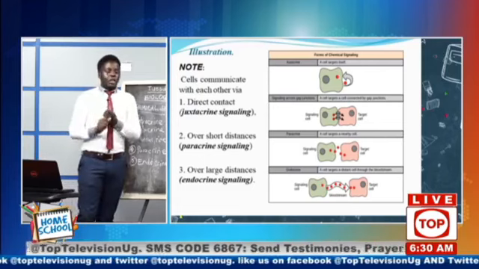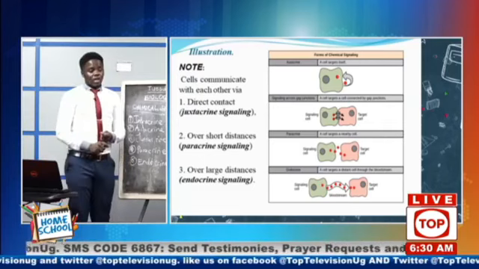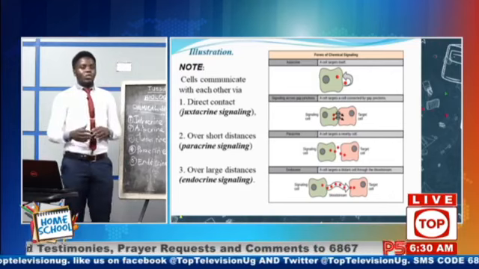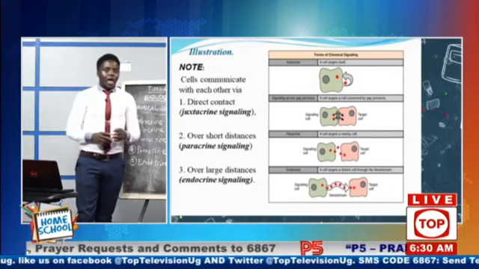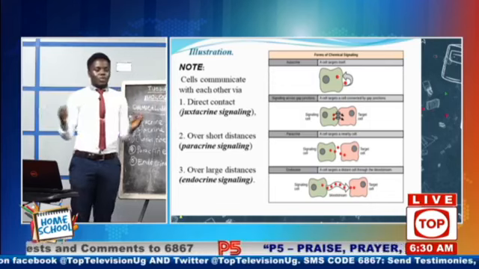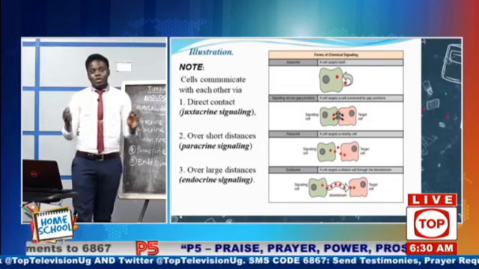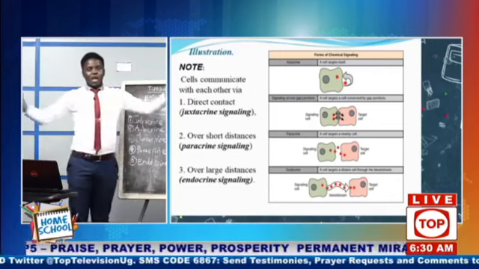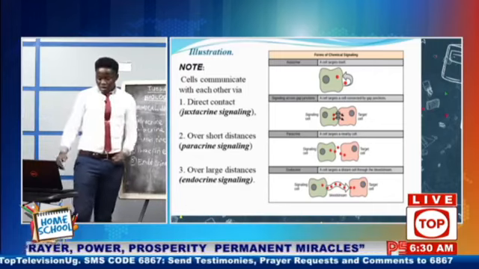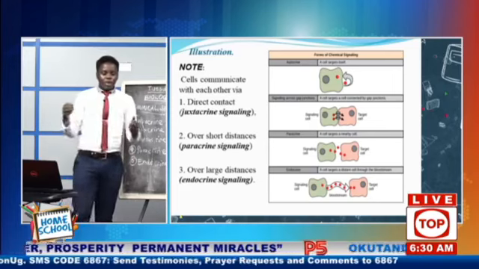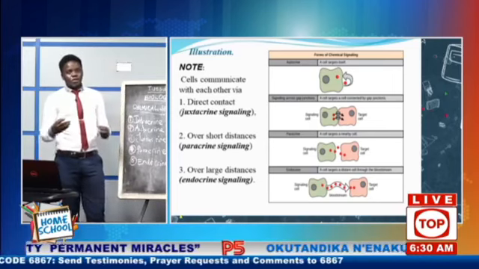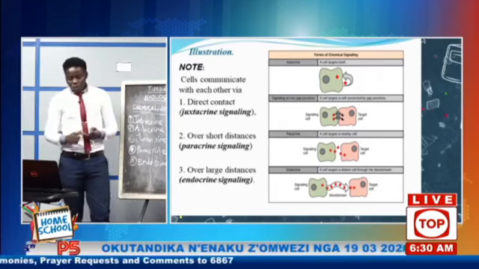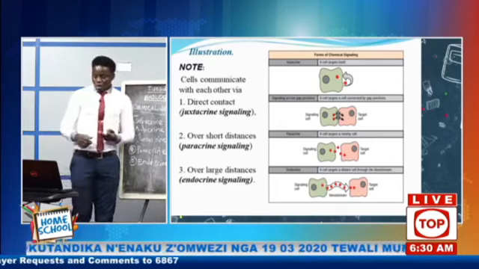We have direct contact, where we have juxtacrine signaling. We have signaling over short distances, where we have paracrine signaling. And then we have over large distances. We can classify signaling depending on distance. So if you ever forget, simply remember there are three classifications: direct contact, over short distances, and over long distances.